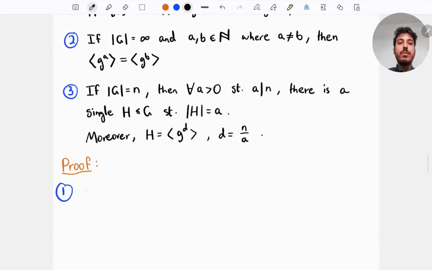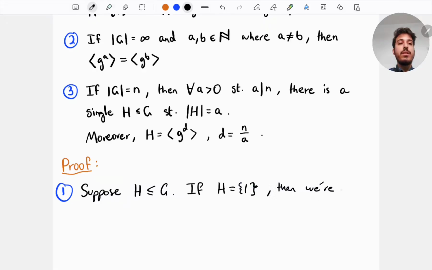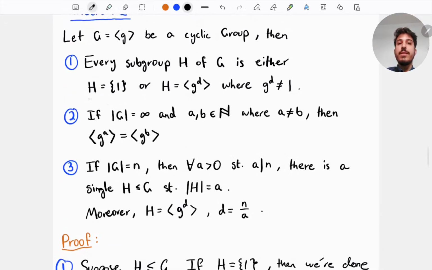So, writing it formally, suppose that H is a subgroup of G. If H contains only the identity element, then we're done. There is nothing to prove. The theorem said H is either this or H is that.